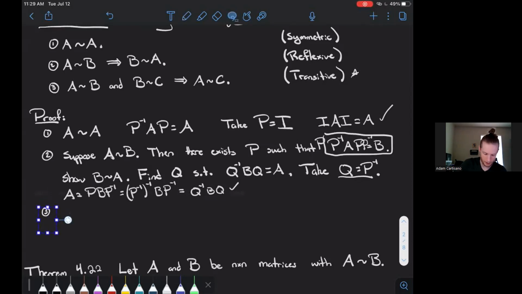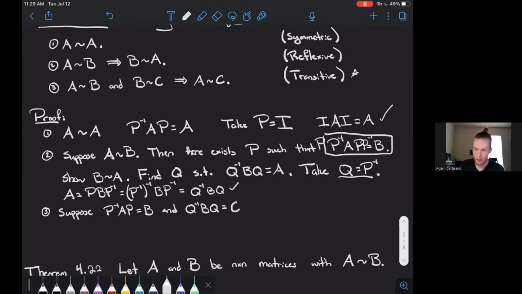Okay, transitivity. Here we go. So suppose A is similar to B and B is similar to C. In other words, P inverse A P is equal to B for some invertible matrix P, and Q inverse B Q is equal to C for some invertible matrix Q, right?